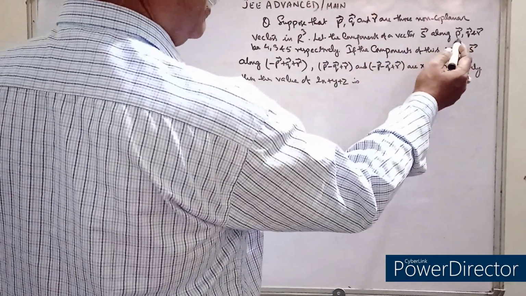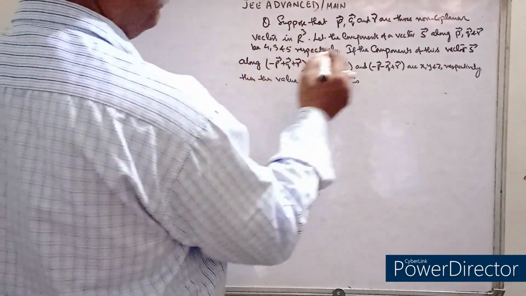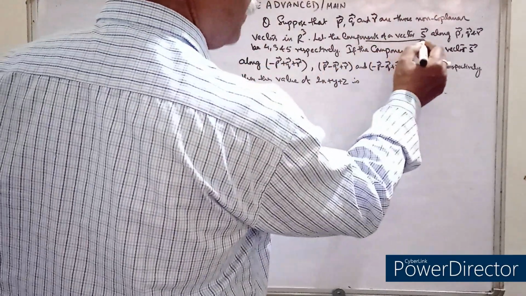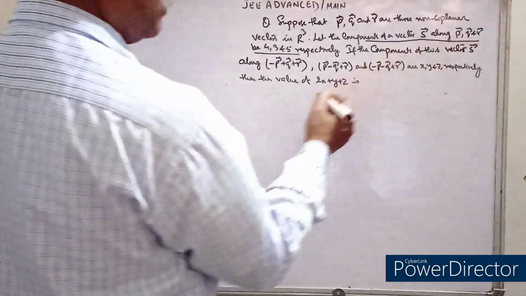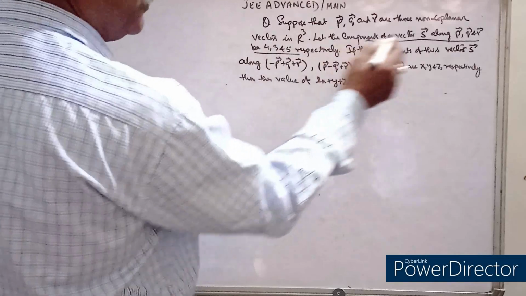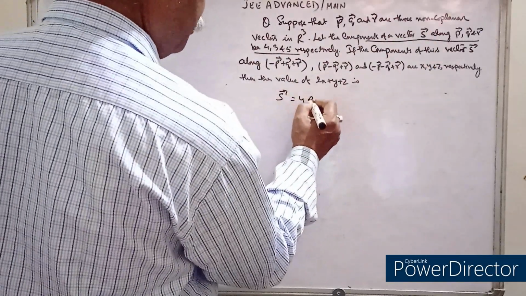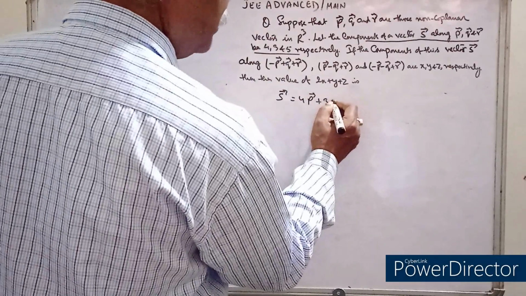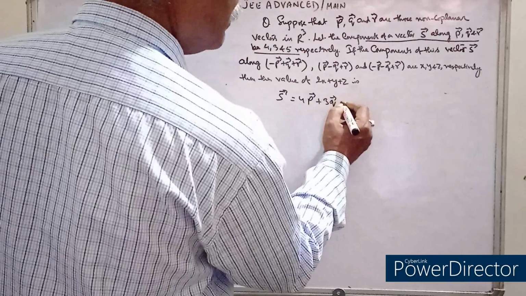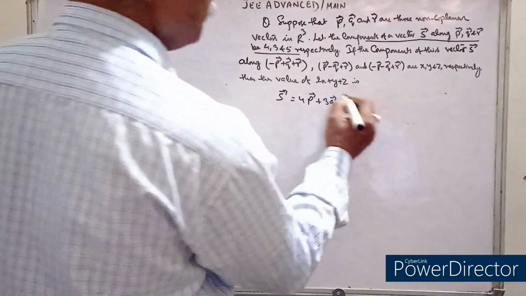Components of vector S along this are the scalar components of this vector S. Therefore this S vector is equal to 4p plus 3q vector, plus 5r vector.